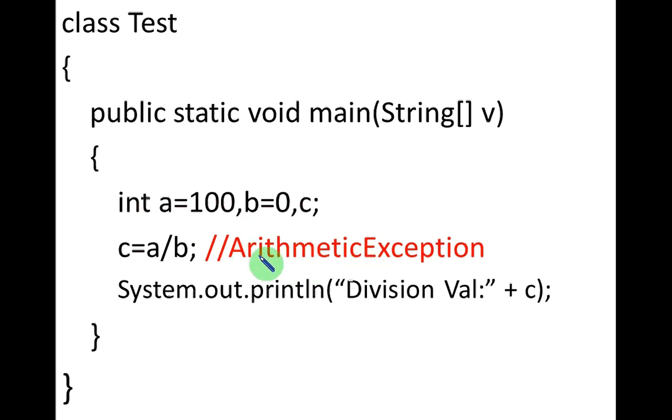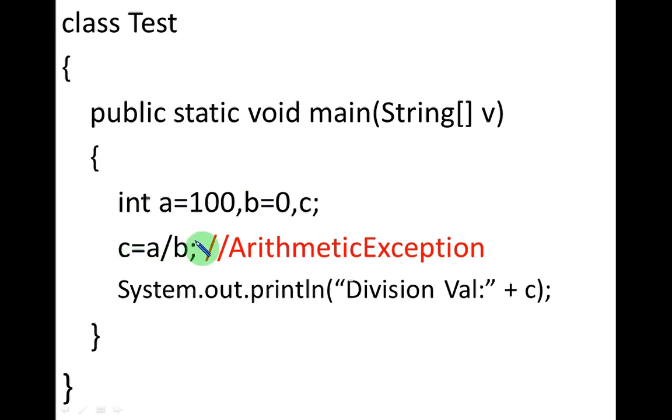For that we are declaring three variables, namely A, B and C. For A I am assigning 100. For B it is 0. To store the value of A divided by B, we are declaring this variable C. Okay, so now we are going to find C equal to A divided by B.